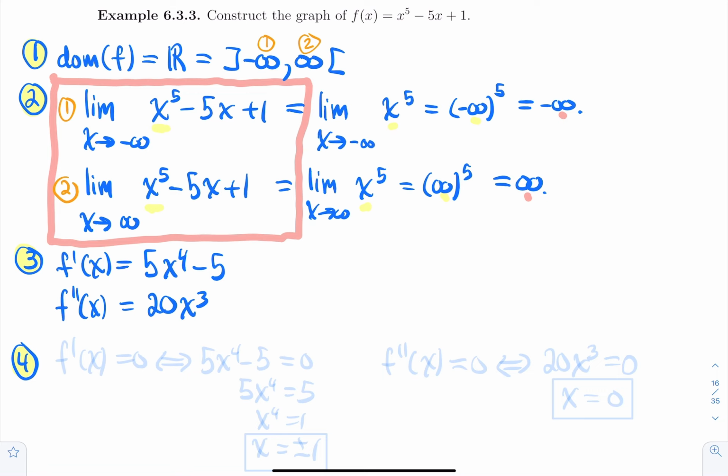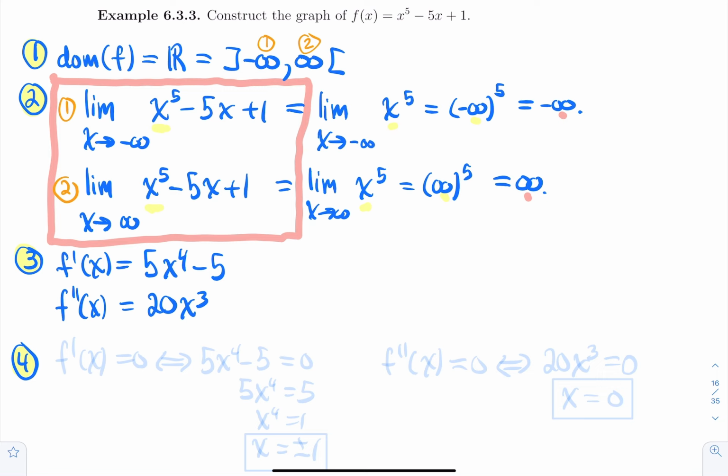And then the second derivative is just 20x cubed. Remember, the second derivative is simply the derivative of the derivative. So step 3 is really just applying the typical rules of differentiation. Typically, these derivatives are easier to compute than the ones in a typical derivative question, but make sure that you compute them correctly because step 4 depends on it.